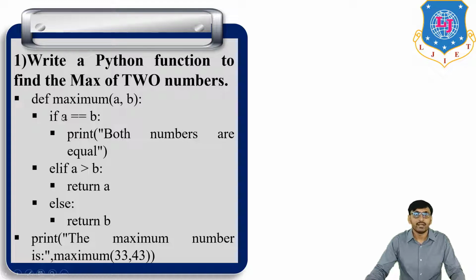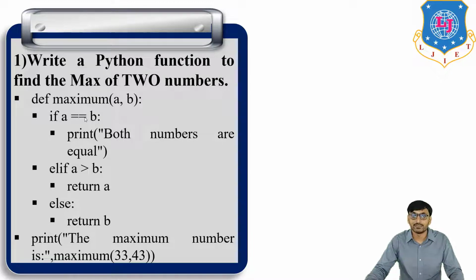Now inside the function, if a is equal to b, then print both numbers are equal. Remember this double equal sign is used for equality.